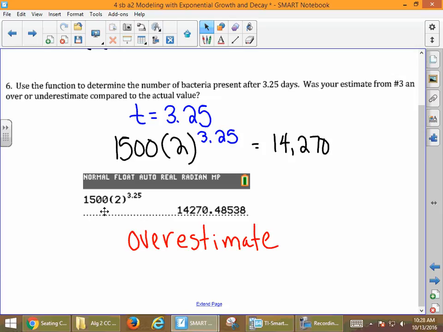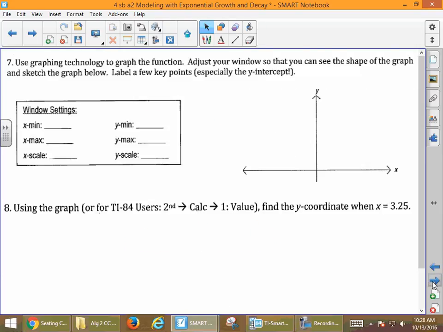So as we flip our page here, what we're going to do now is type this function back into our calculator. And that's going to go back into the y equals section of the calculator.